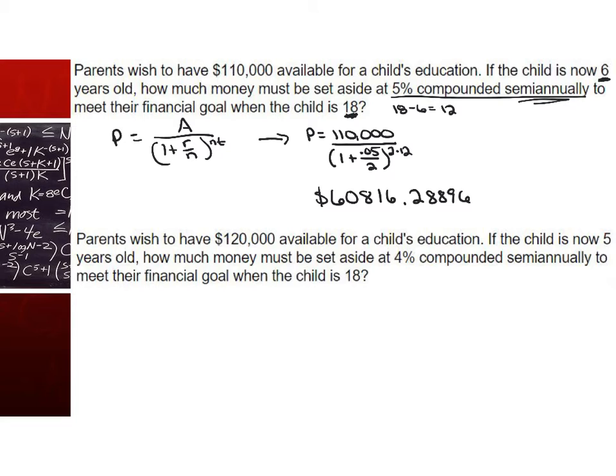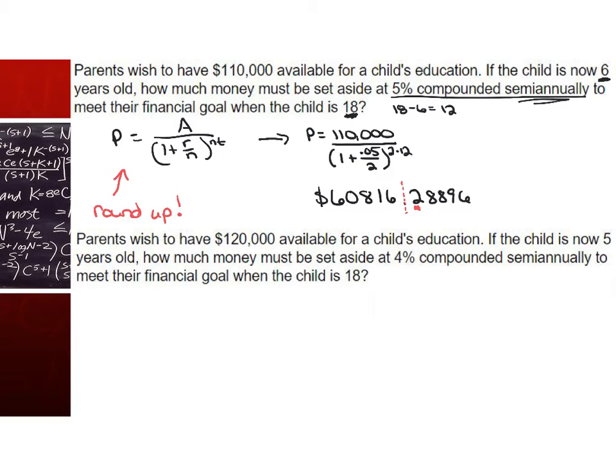Because this is a present value problem, every time I use this formula, I need to round up. Our normal rounding technique, round to the nearest dollar, I would normally just look at this 2 and it would tell me whether I should keep that 6 the same or whether it should go up.